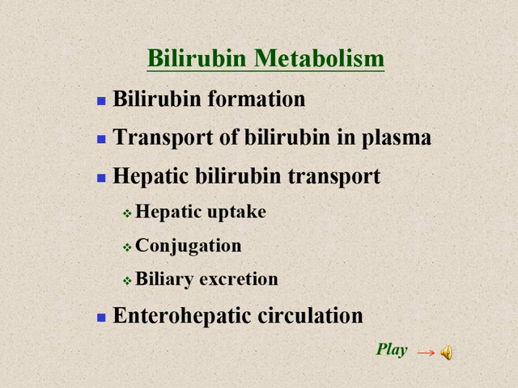Bilirubin gives yellow color to bile. In the intestine, conjugated bilirubin is again converted to unconjugated bilirubin, and by the action of bacteria it is converted to urobilinogen and stercobilinogen. Urobilinogen is excreted through urine, and stercobilinogen is excreted through feces. A small part of bilirubin is reabsorbed into the hepatic cell via enterohepatic circulation.